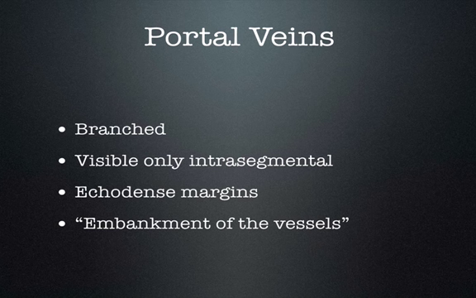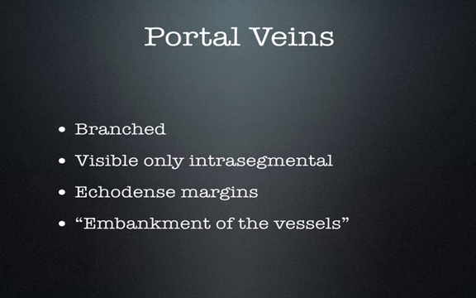And then there are portal veins. They are far more branched, at almost a right angle. They are often only intersegmental, in one plane. They have echodense margins, which we might call like an embankment of a river surrounding them.